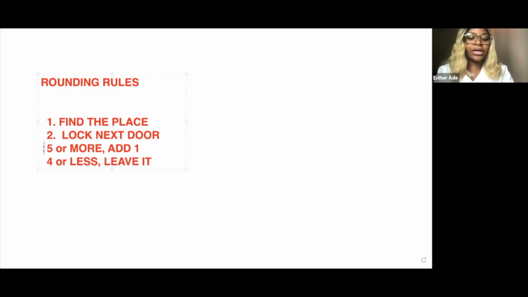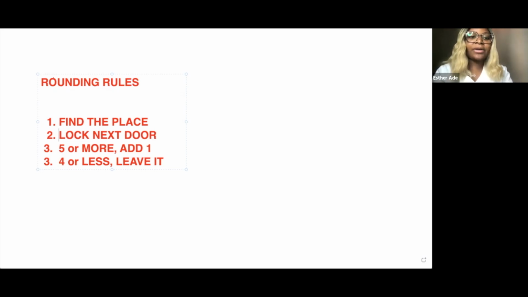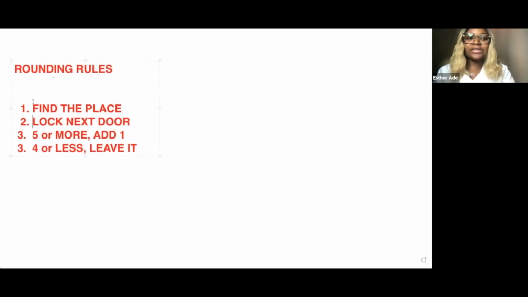And then third, if the number is five or more, you're going to add one. And if it's four or less, you're going to leave it or just erase it. I know this sounds a bit random and you're like, what does this even mean? But it's going to make sense as we go along. So just roll with me.